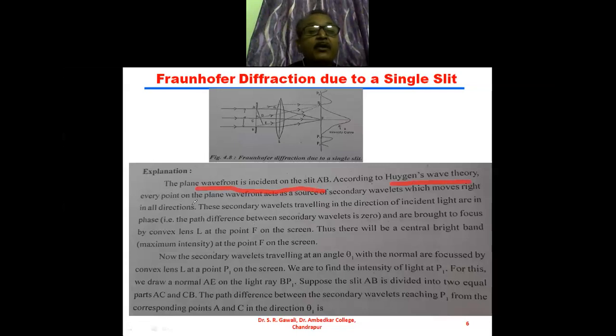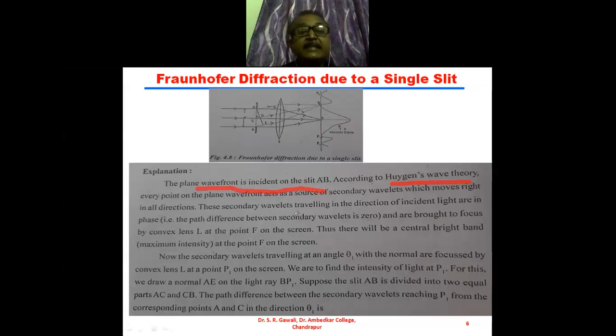every point on the plane wavefront acts as a secondary source of light, which moves in all directions. So every point on the plane wavefront acts as a secondary source of light, and this secondary source will emit light waves in all possible directions.